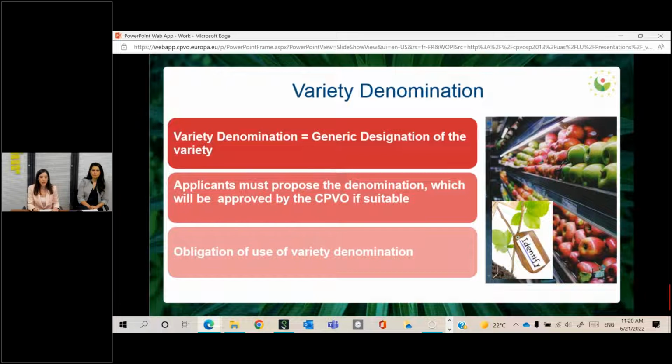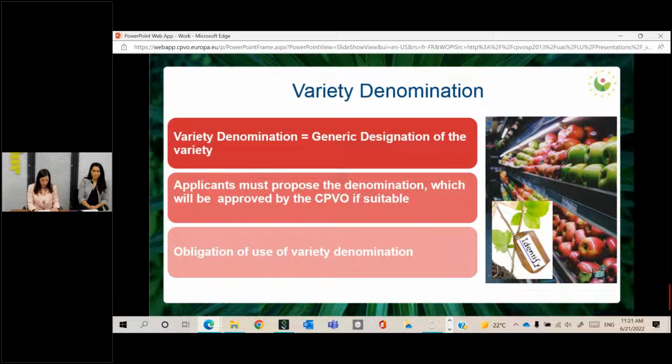It is merely a regulatory element, and it is for the applicant for the right to propose the denomination, and then the CPVO assesses whether it is suitable or not. So there is an examination, and the CPVO has some very detailed rules that can be found in the CPVO guidelines with explanatory notes on denominations on its website, in case you're curious and want to check them.